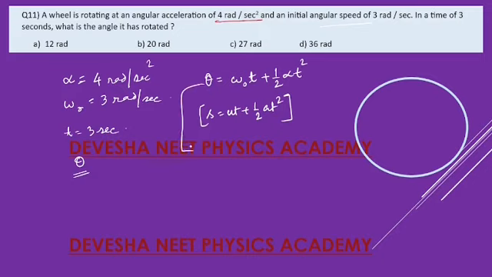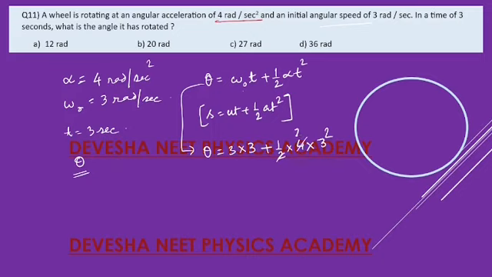Now coming back to this side, we need to find theta. So theta is equal to omega 0 times t, omega 0 is given to be 3, t is 3, plus half into alpha. Alpha is given to be 4. The time is given to be 3 seconds, so this is 3 square.